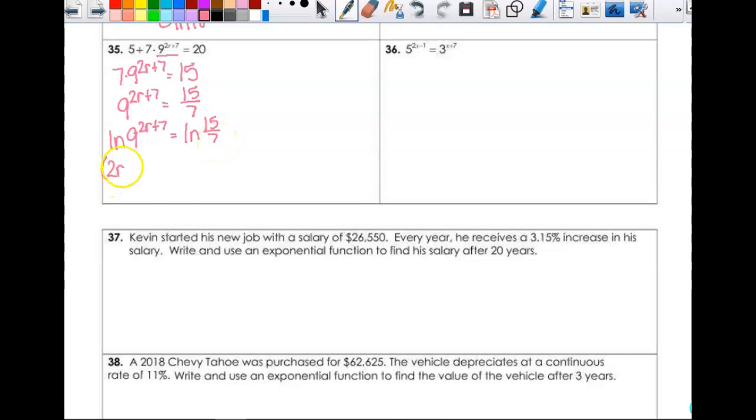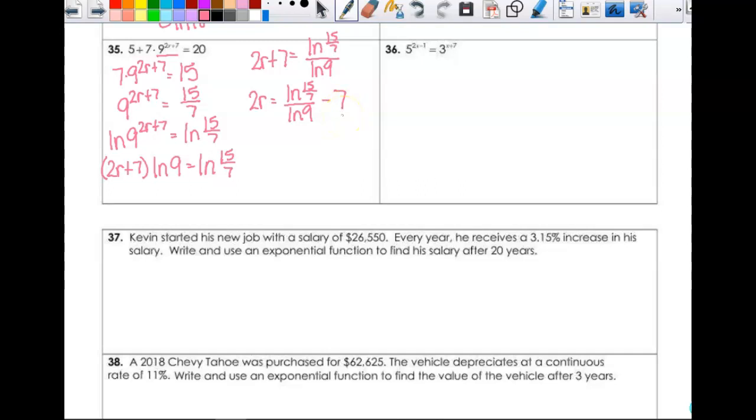Then 2r plus 7 comes out here, times the natural log of 9 equals the natural log of 15 over 7. So now I'm trying to get r by itself, so I'm going to divide both sides by the natural log of 9. So 2r plus 7 equals the natural log of 15 over 7, over the natural log of 9. Then I'm going to subtract 7 from both sides. So 2r equals the natural log of 15 over 7 over the natural log of 9, minus 7.